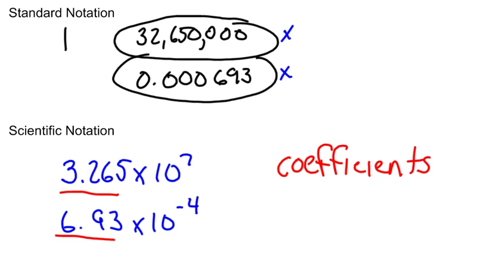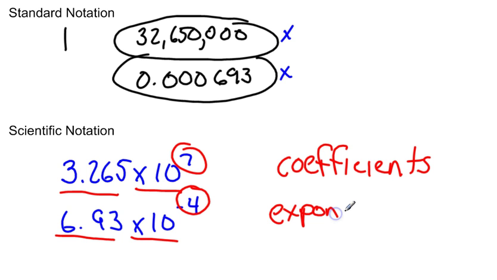And then you will always have a times 10 to the, no matter what, and then you'll have this in the circle. And that is the exponent or the power. So it's going to be coefficient times 10 to the exponent. That's always the form of scientific notation. No ifs, ands, or buts.